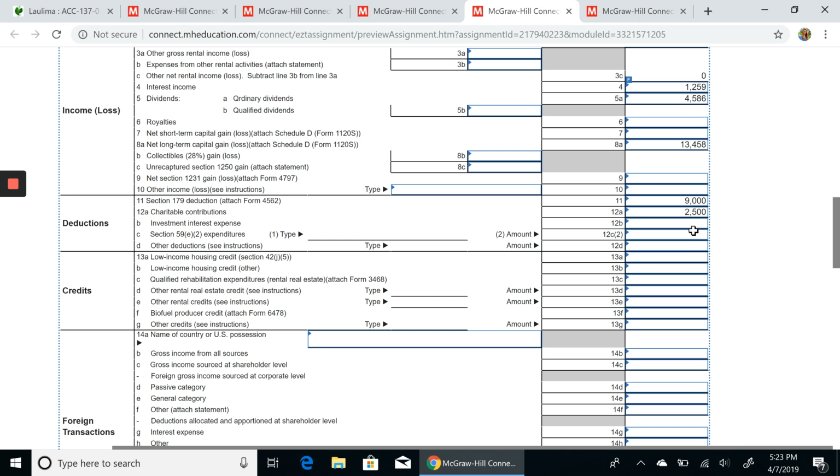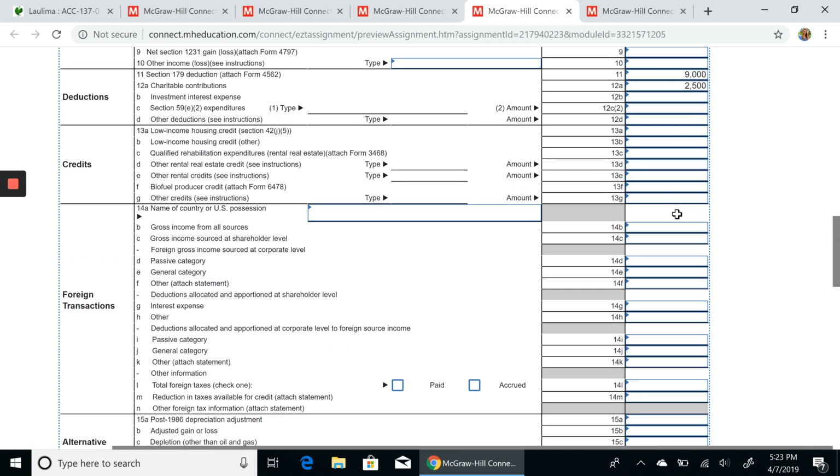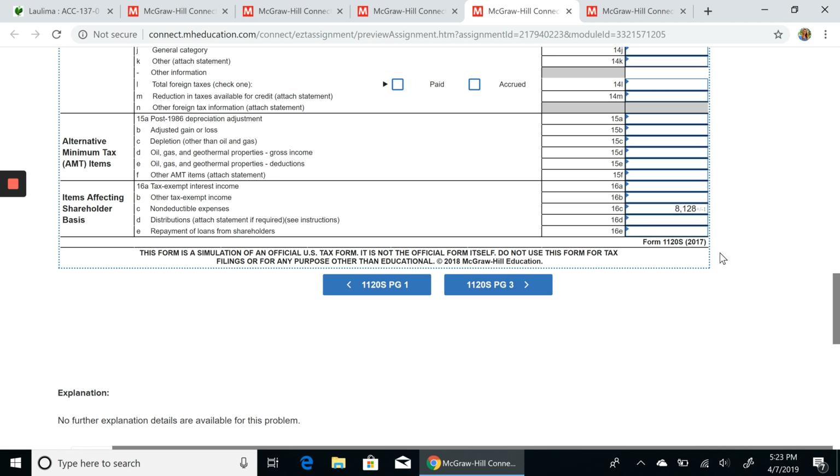Net long-term capital gain. Our section 179 expense that we took out of depreciation. Our charitable contributions. And then down here, we have non-deductible expenses.